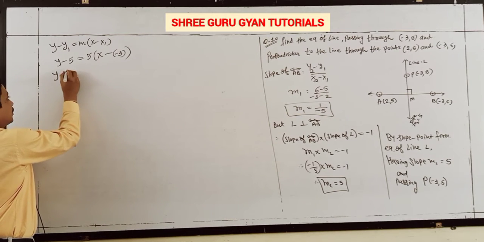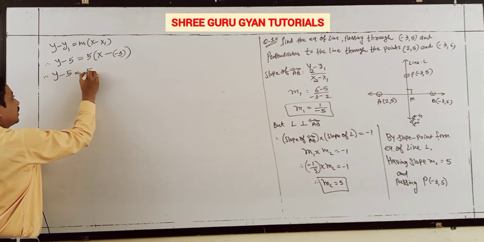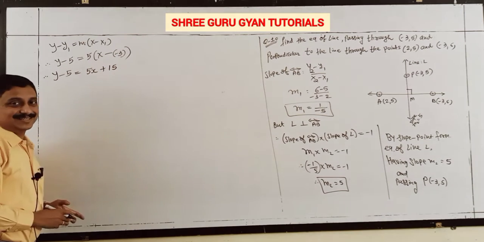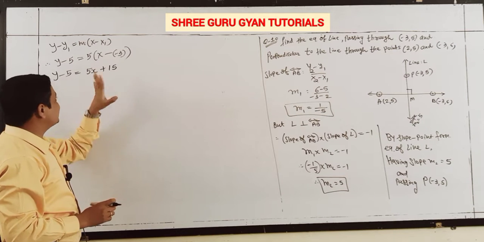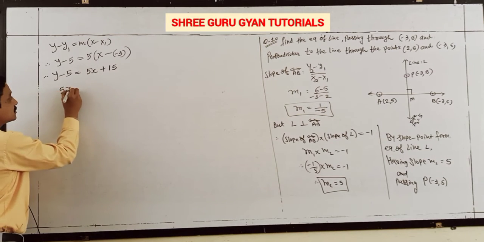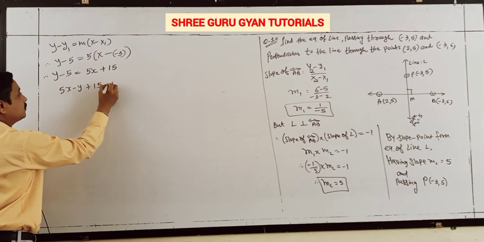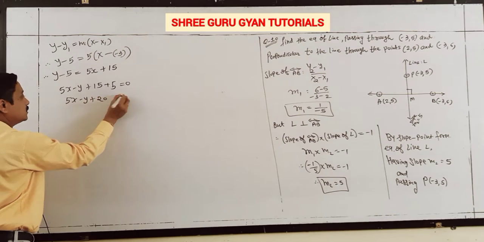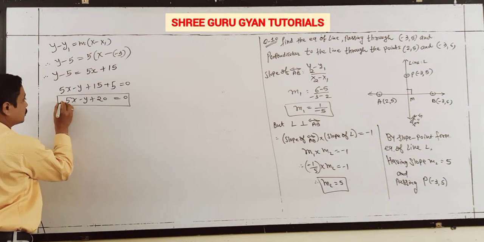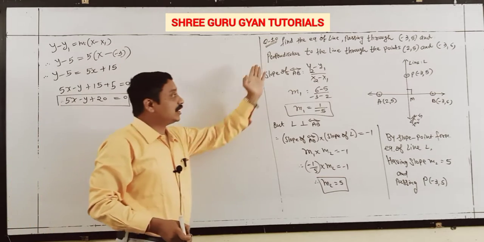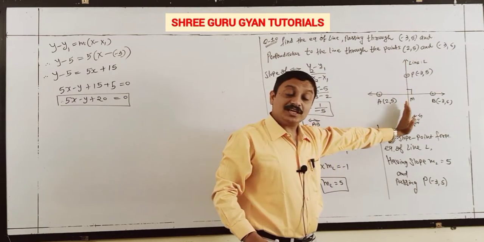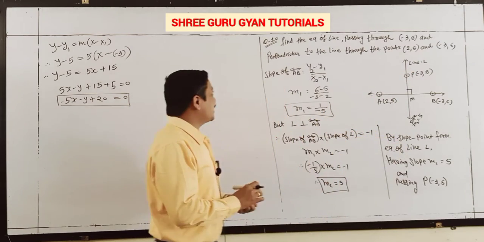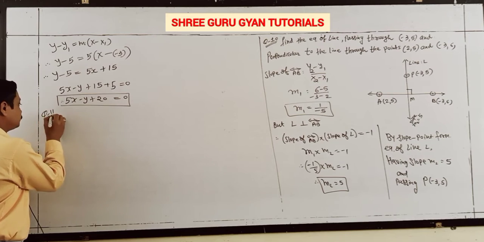Now you derive y minus 5 is equal to 5 times (x minus (-3)), that is 5x plus 15. So 5x minus y plus 15 plus 5, so 5x minus y plus 20 is equal to 0. That's your simple way. This is the equation of line L, which is perpendicular to AB and passes through P.